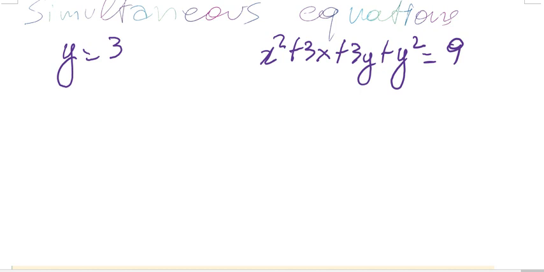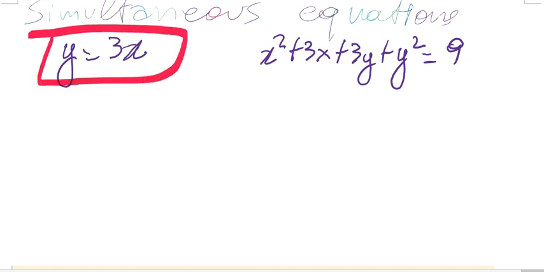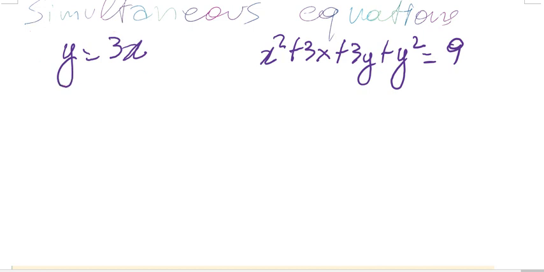So what was happening in this case? We were taking whatever was the first part, the y, and every time we could see y, we substitute with its equivalent.